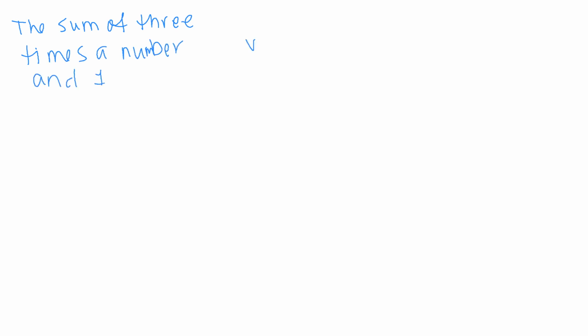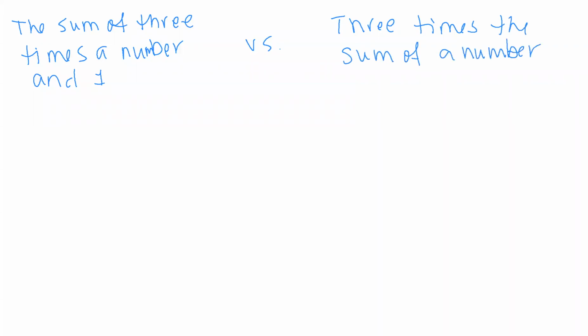So let's say we have the sum of 3 times a number and 1 versus 3 times the sum of a number and 1. After subtraction, this is one of the more complicated types of examples, and it's not hard, but students tend to sometimes struggle with when to use parentheses versus when not to use parentheses.